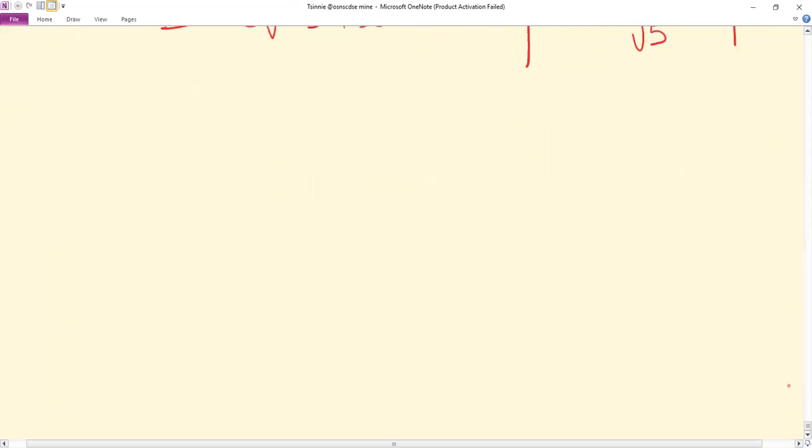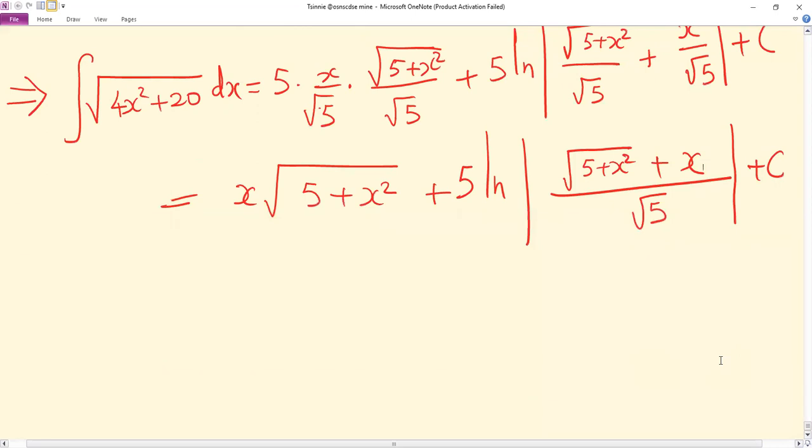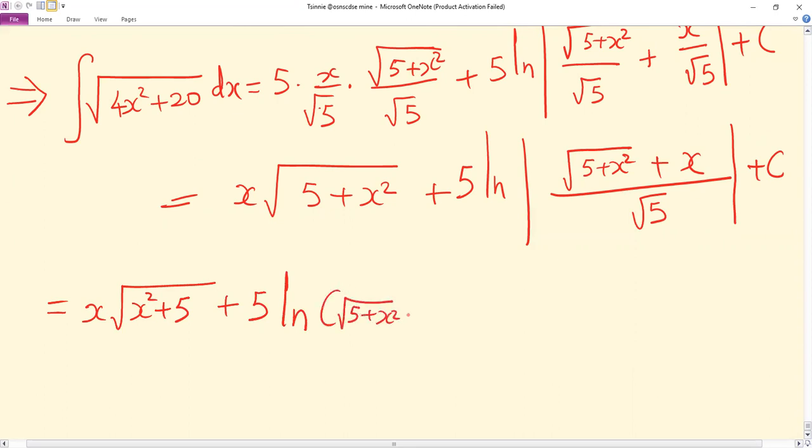But you see, we can write this solution as x root of x squared plus 5 plus 5 ln of (root of 5 plus x squared, plus x) minus ln of root 5, then plus c.